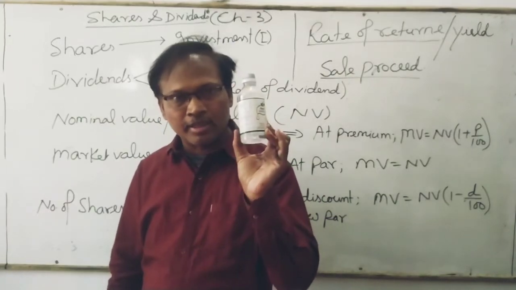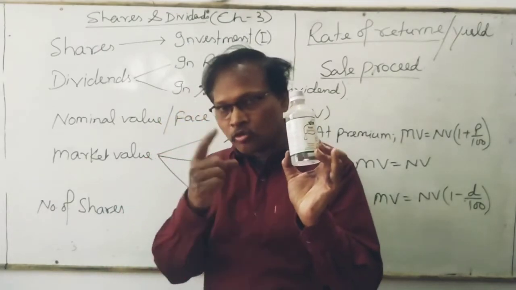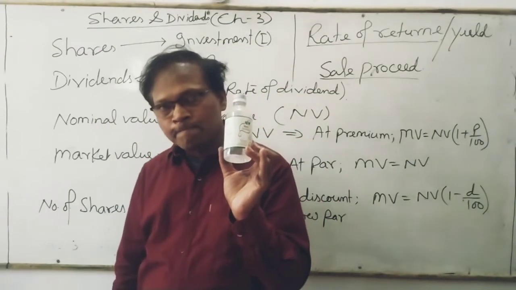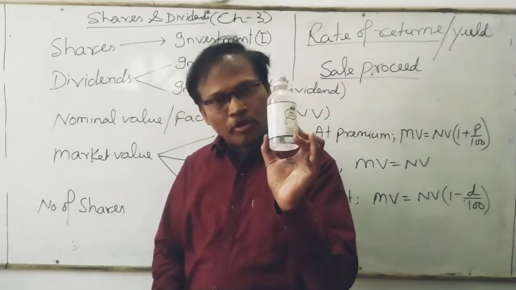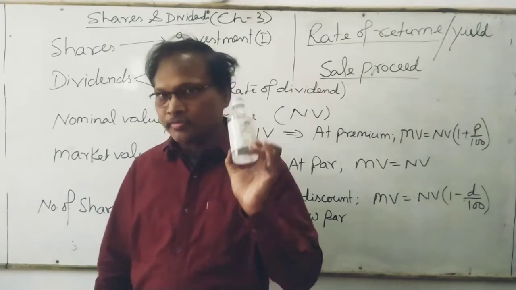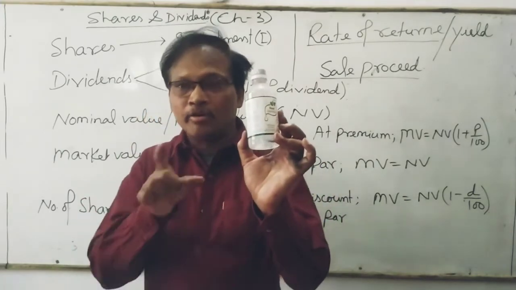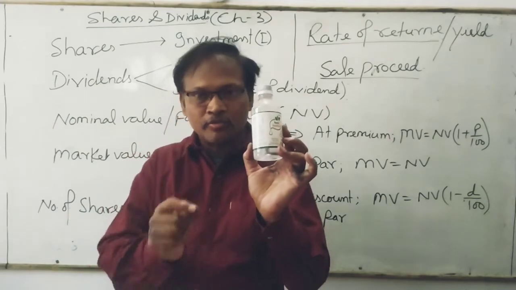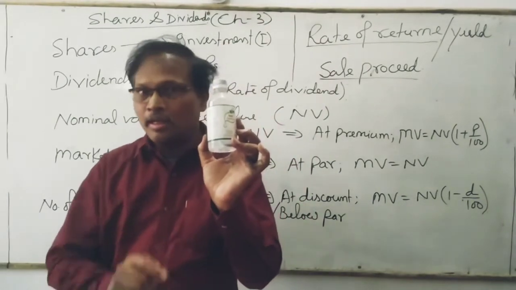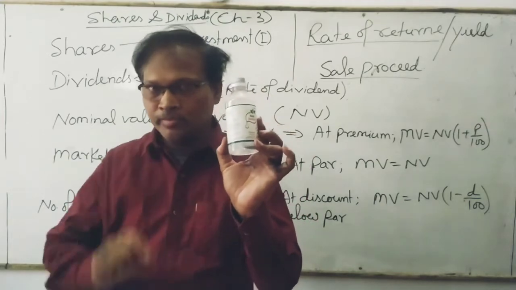And you have rupees 1000. So how many bottles will the shopkeeper give you? The shopkeeper will give you 1000 upon 50. 1000 upon 50 means how many bottles? 20 bottles the shopkeeper will give you.